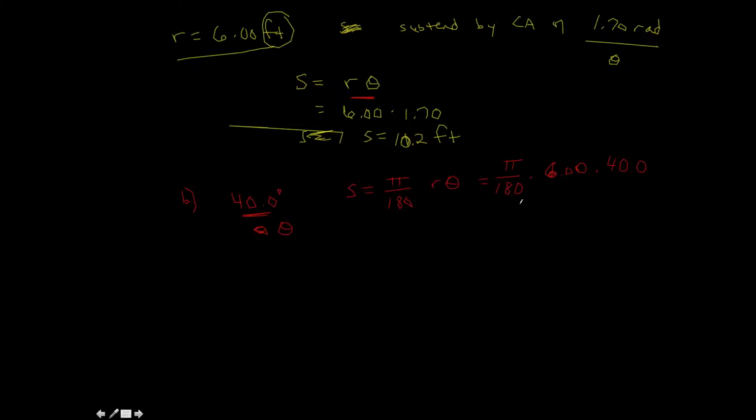Then we would have 4.189 if we rounded to 3 decimal places. So this is how to use the formula for arc length.